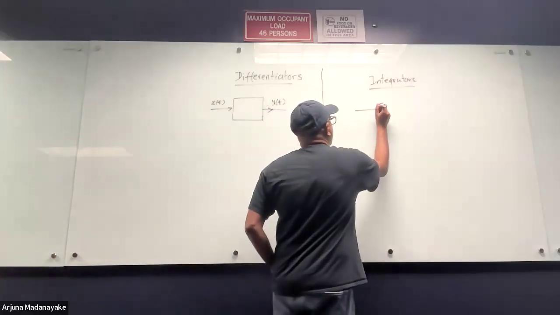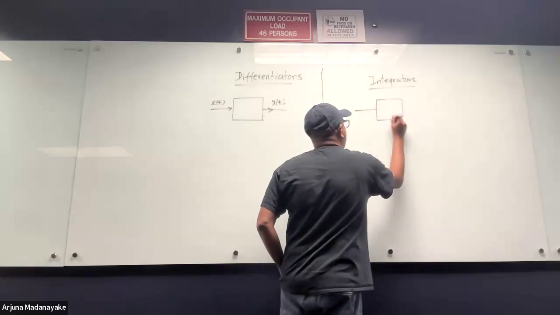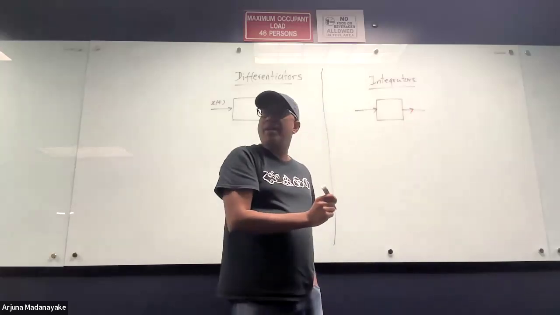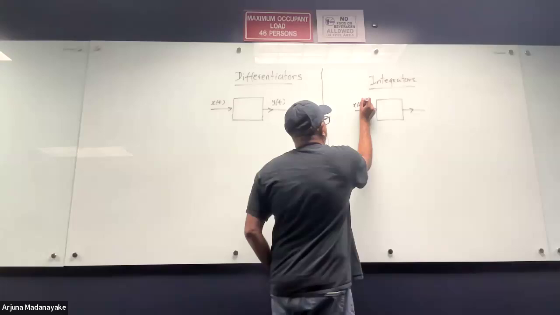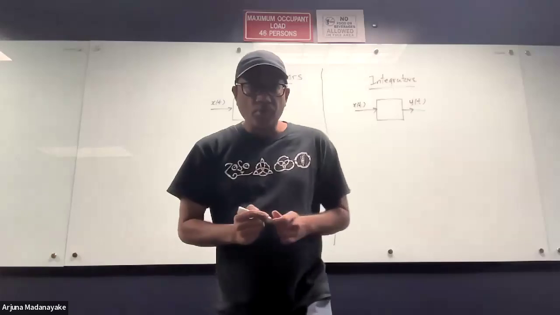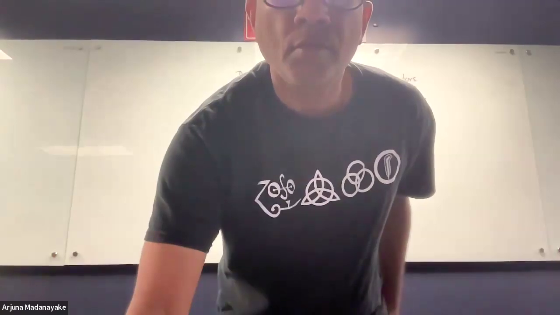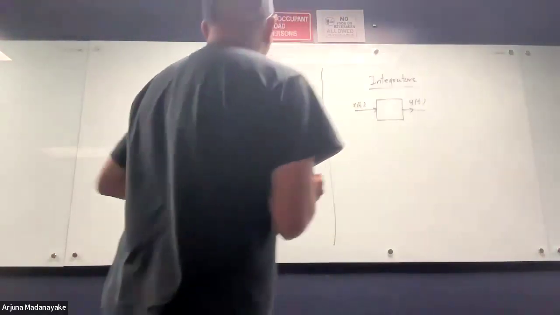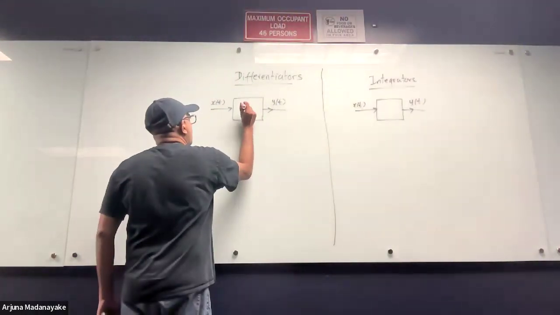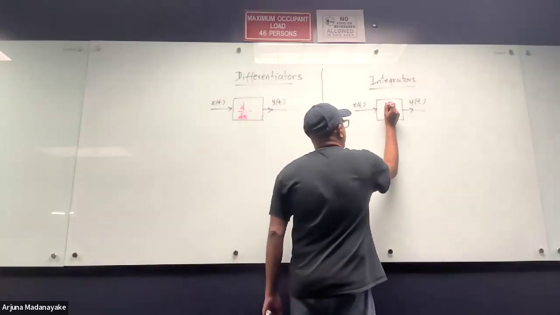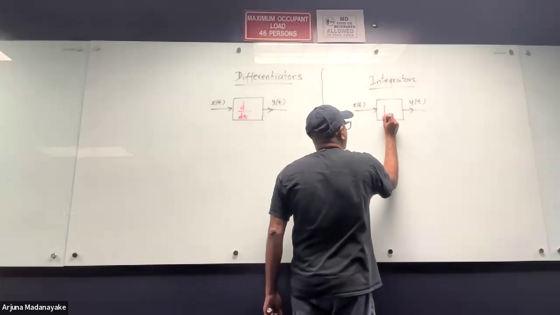So similarly, for the integration, we have a box. And we can denote the operation differentiation as d over dx, integration as integral from minus infinity.